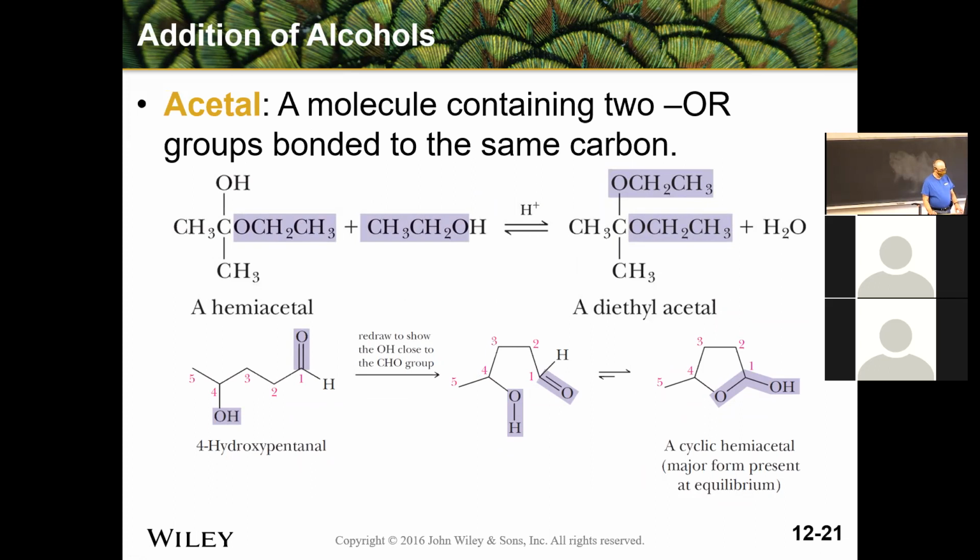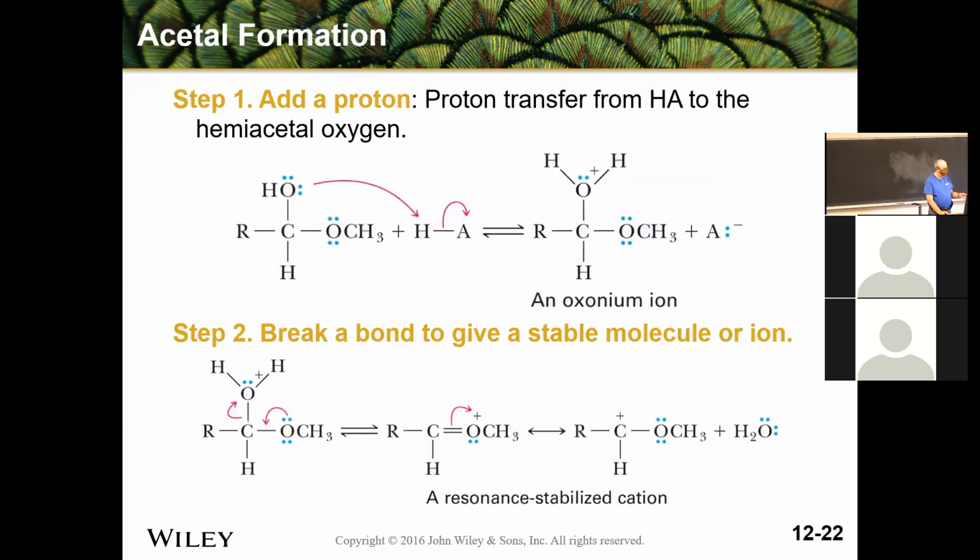Here's an example of a cyclic hemiacetal, which we saw before. Once we get a hemiacetal, what we can do is use a strong acid, usually something like dry HCl gas or toluene sulfonic acid, something with very little water.